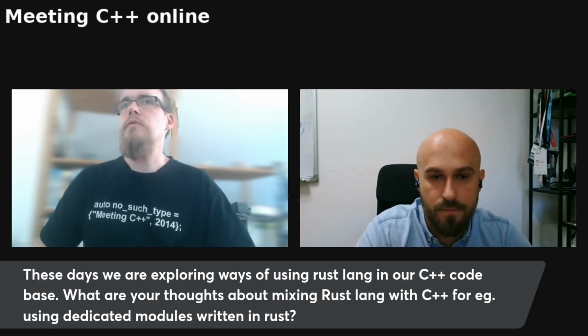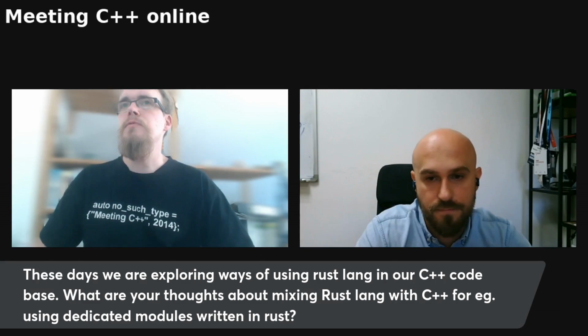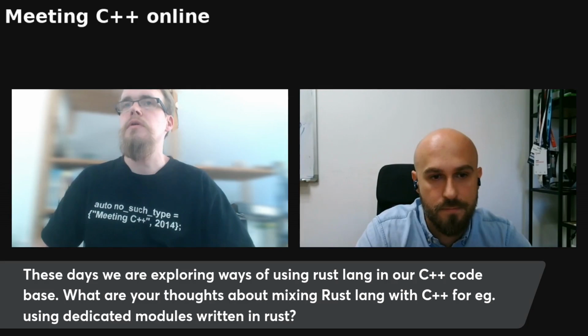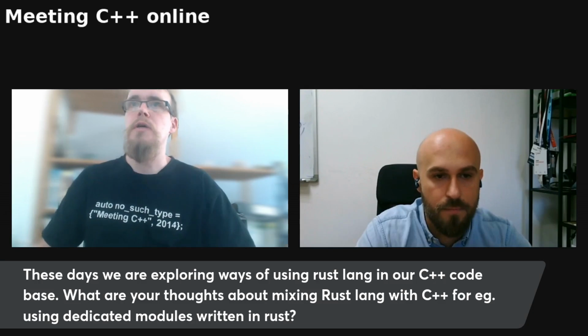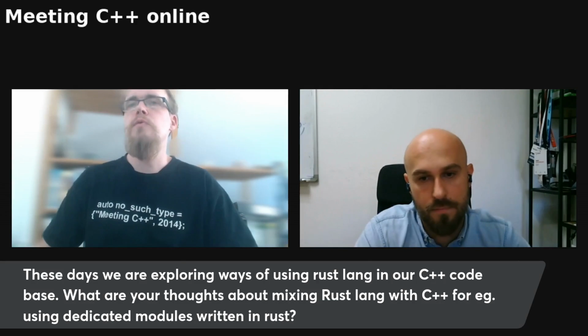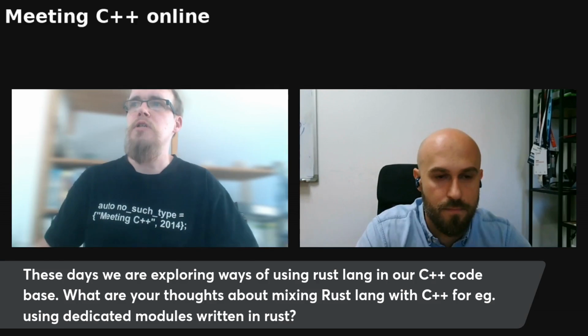I think the interoperability of Rust and C++ is something which some people are currently exploring. For example, at Meeting C++, we have one talk about that. I know that KDAB is exploring it in the context of doing Rust with Qt. So there are definitely areas where you can find information about that.